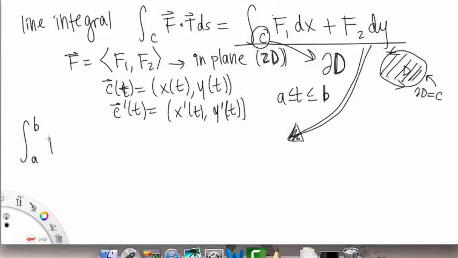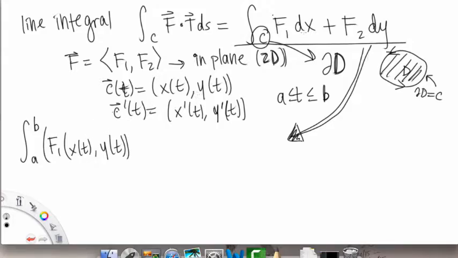And then we have our F sub 1, whatever that is. It's some function of t now, because we're going to plug in our C of t. So that would be F sub 1 of x of t, comma, y of t.